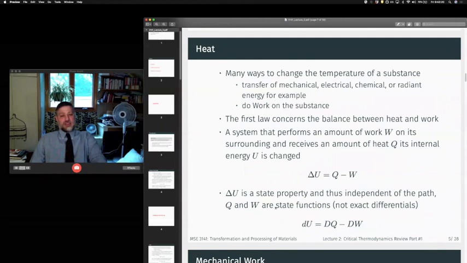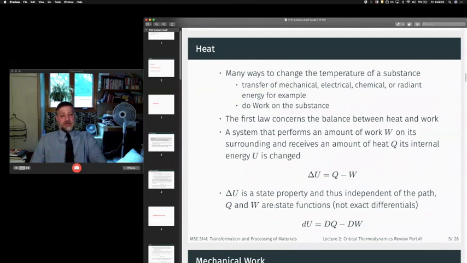Oops, this should say are not state functions. Everyone right now, put not right here. Shoot. My ability to make stupid mistakes is infinite. Hopefully I'll catch most of them. But anyway, this should be not, right?